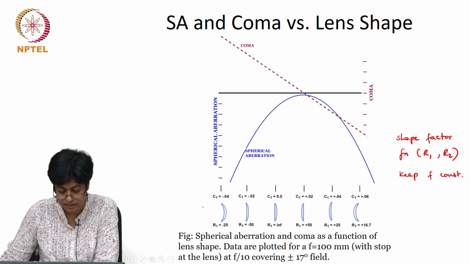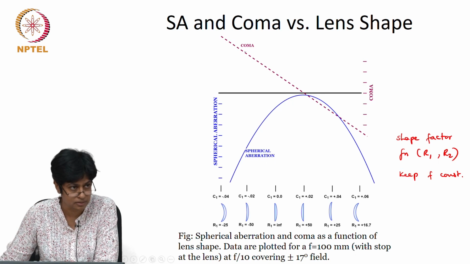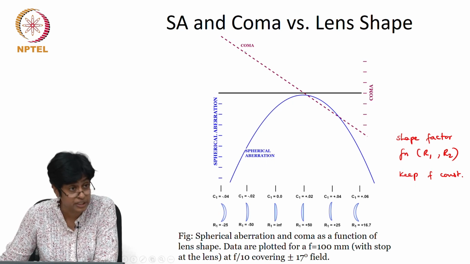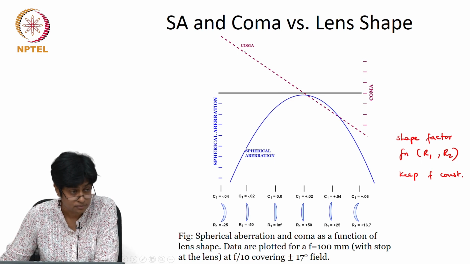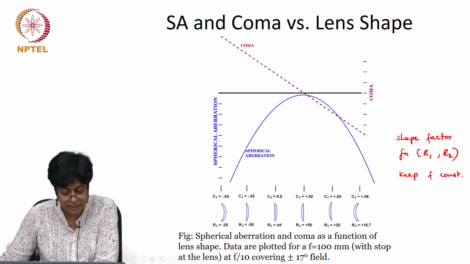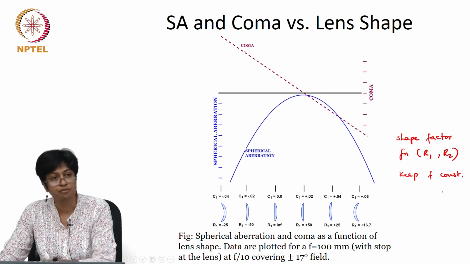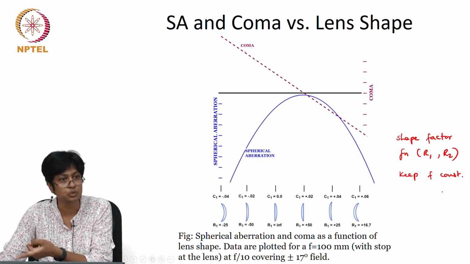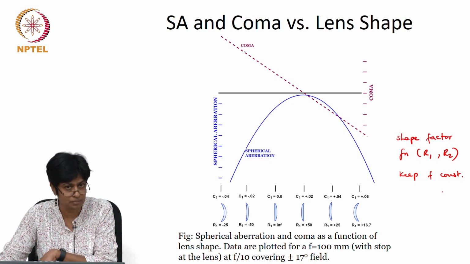All these lenses, the focal length of all these lenses is 100 millimeters. But you can see the shape has changed so much, right? And that is by changing R1. So R1 is varying through these parameters. Therefore, you'll have to calculate what is the value of R2 such that f stays 100 millimeters.